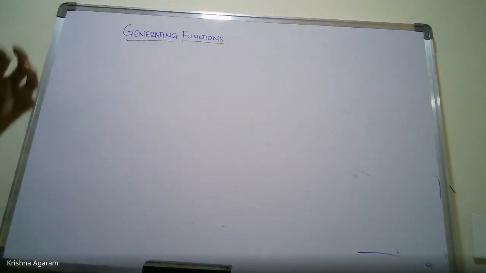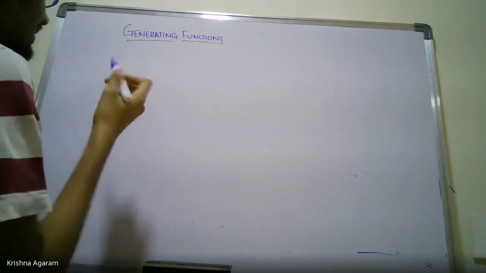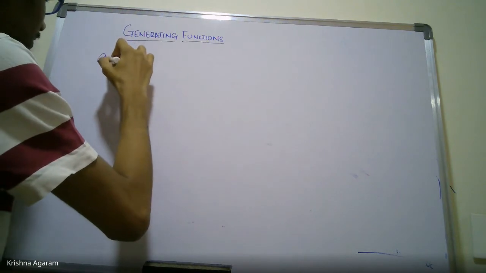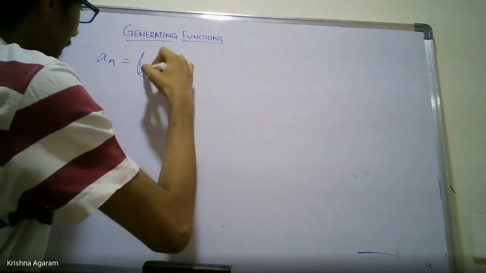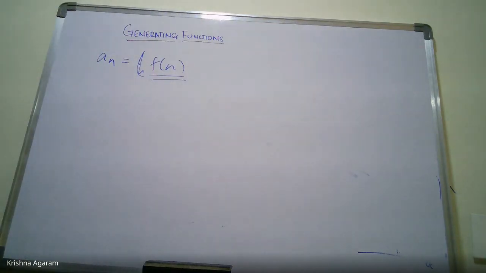Okay, so now multivariable generating functions. What your generating functions up to this point did was encode some a_n as f of n, and if you wanted to find this, you just find the generating function in one way, and then compute the x^n coefficient.